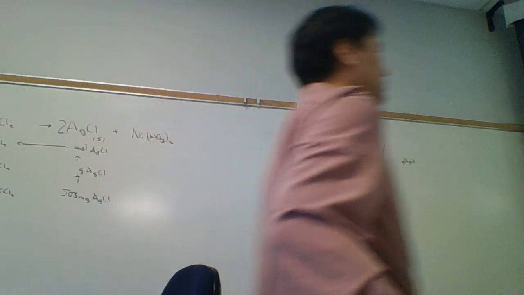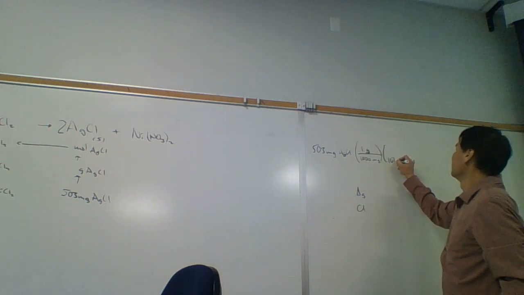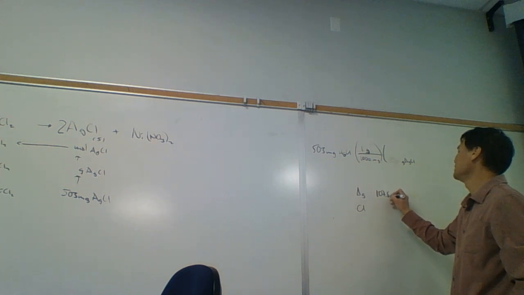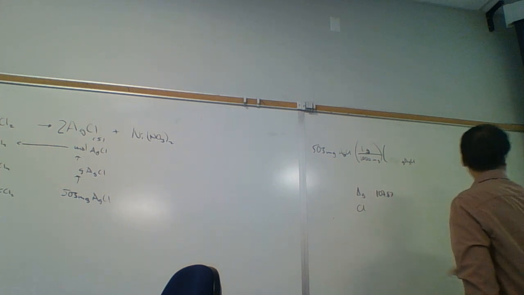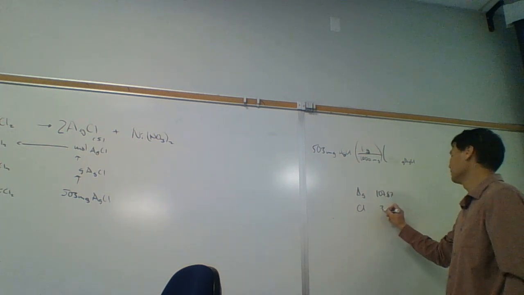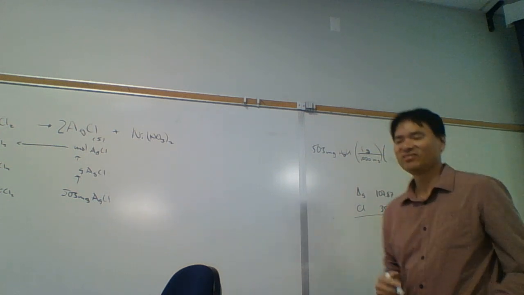So look for silver here. It's hard to see probably from where you are. 107.87. Silver, 107.87. Chlorine, go over here. It's 35.45. This is not a great periodic table. Let me get a better one. 35.45. So we'll just add it up.